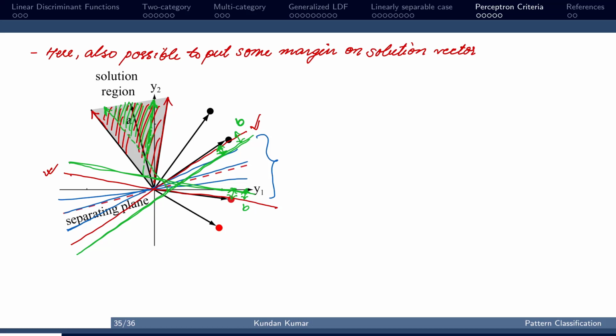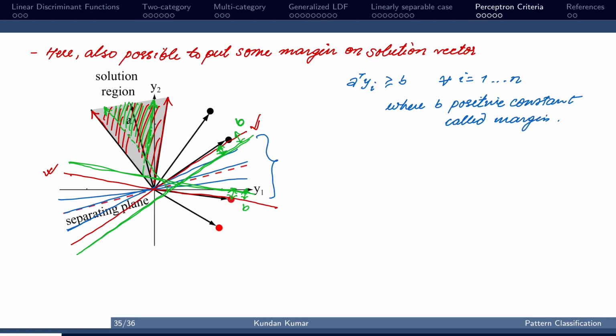Okay, so we can define a transpose yi is greater than or equal to b for all i equal to 1 to n, where b is a positive constant and it is called the margin.